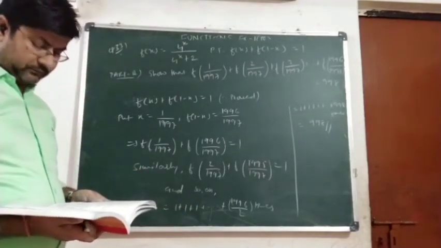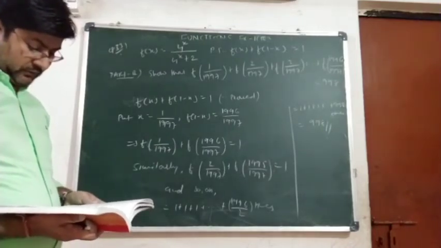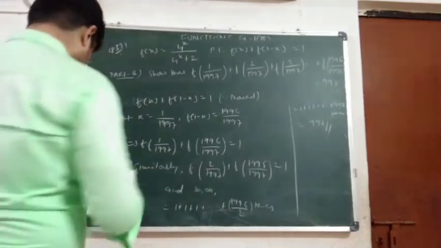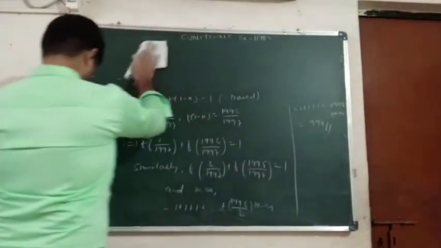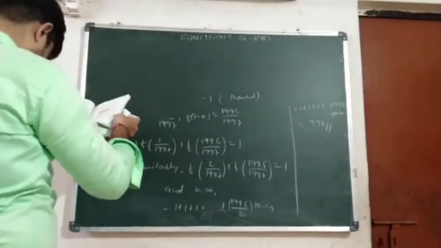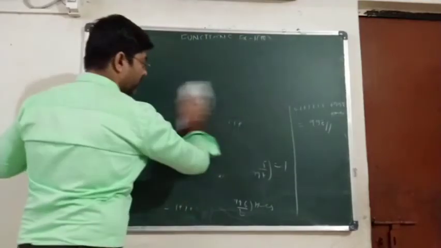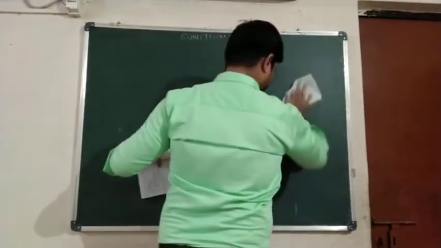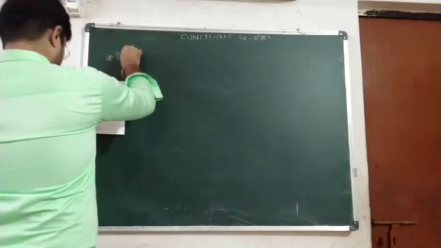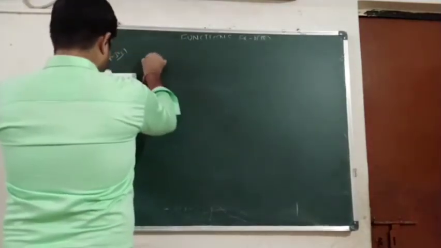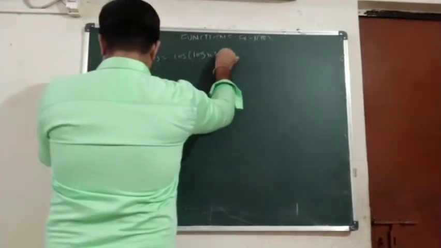Okay, now the last question of this exercise. Question number 34. f of x is equal to cos of log x.